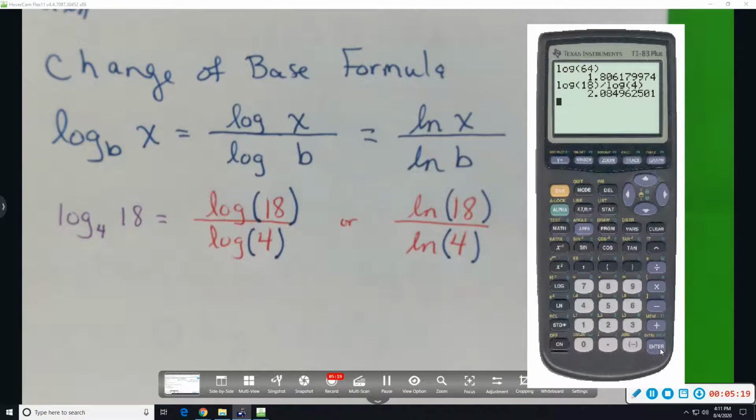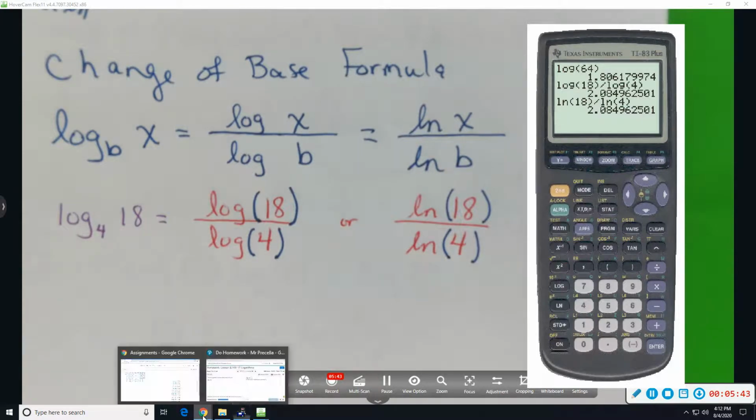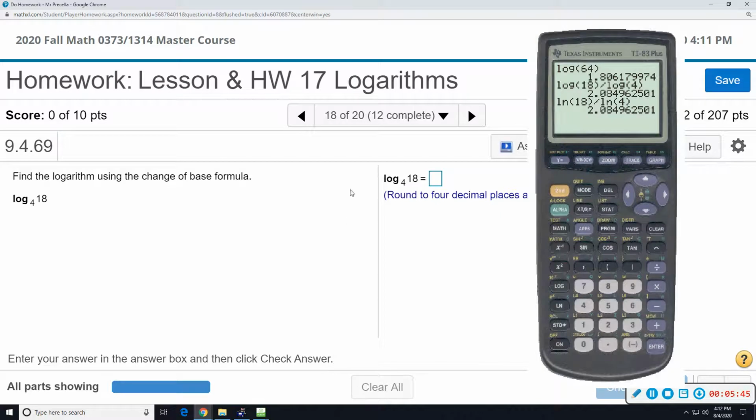And so instead, let's punch it in with the LN, Tim. Let's see. LN 18, it better be the same thing, right? Close parentheses, divided by LN 4, right parentheses. It better be the same number, so let's see. Y'all think it is? Sure enough. It is. Just let's look and see. How does it sound to round to 4 decimal places?